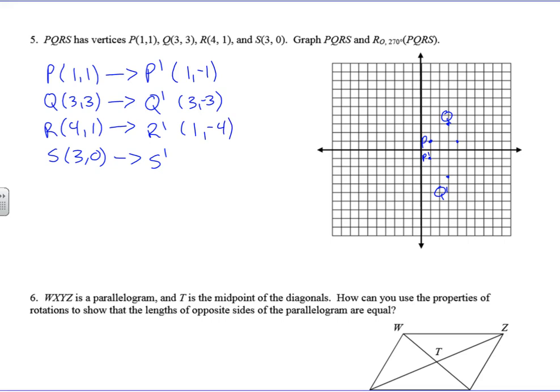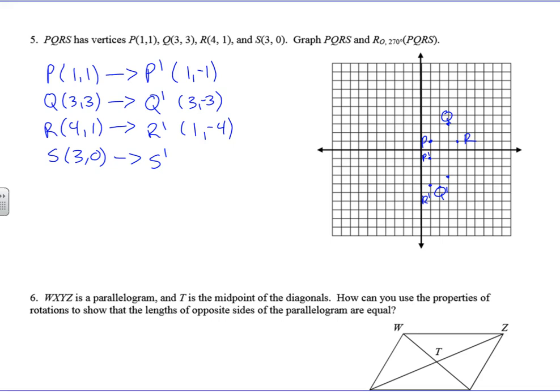And then S prime, so let's plot that. So this is R, and then (1, -4). That would be R prime. Did I get Q right? Let me try Q. (3, 1), 2, 3. 1, 2, 3. I did get Q right.